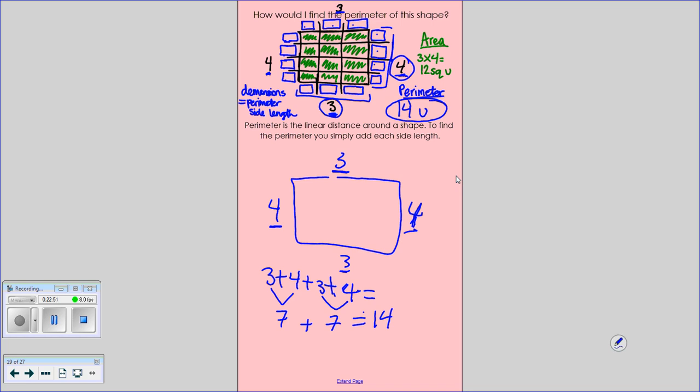No. Kind of like area, you don't have to tile it every single time. Can you? Yes, it'll take forever, but you could. You can use the side lengths and add them up to find the perimeter. Does this make sense? Yes.